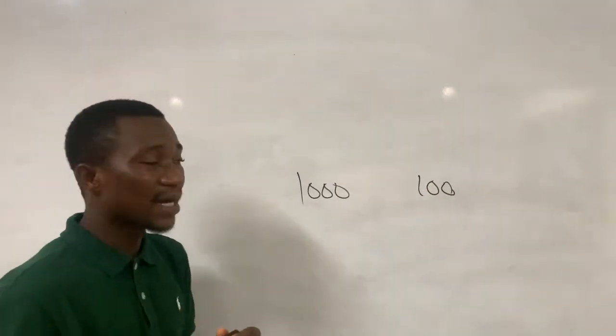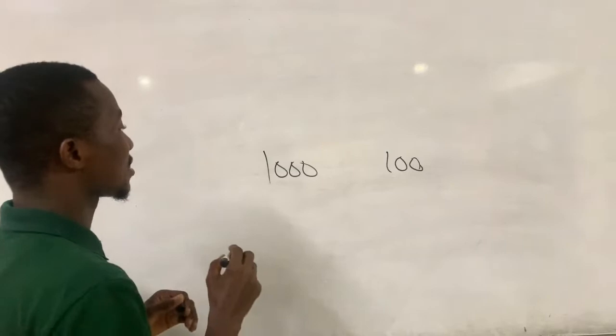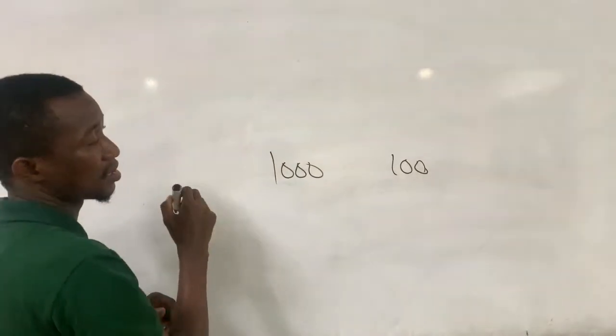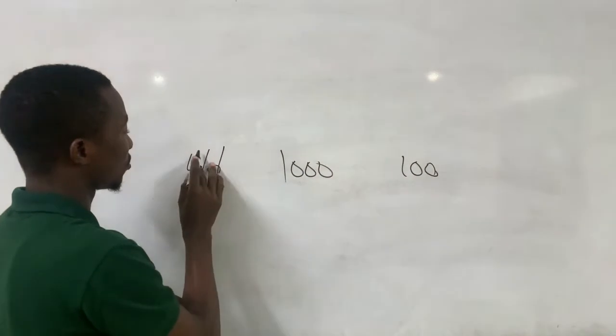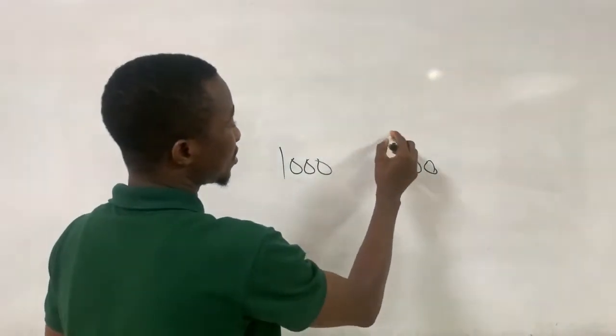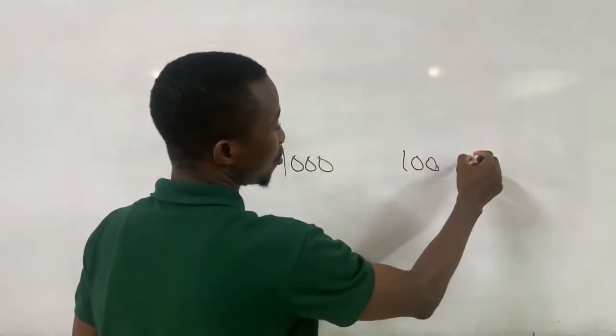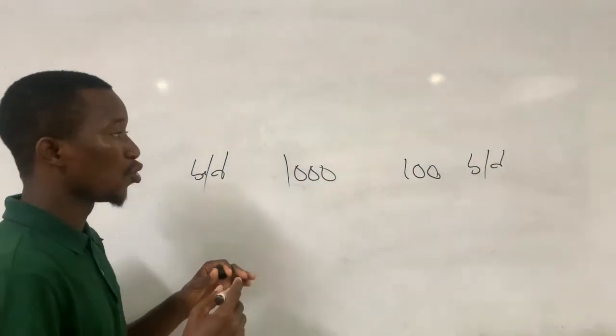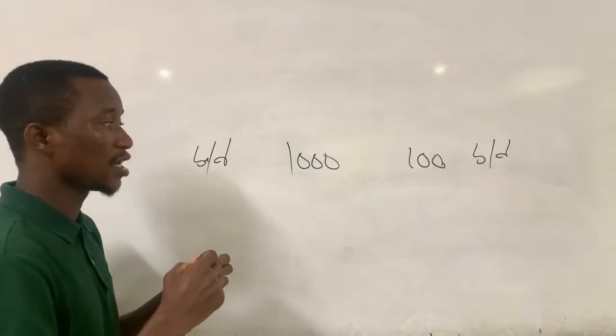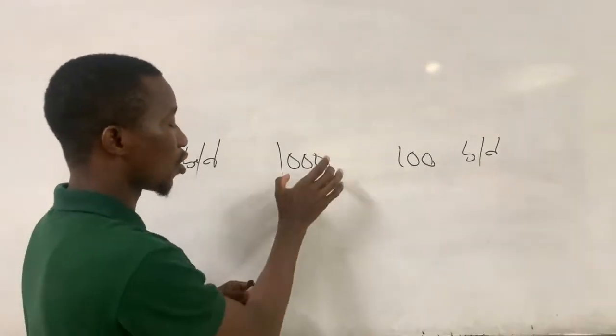But let's assume that the asset has a balance brought down, and accumulated depreciation brought down from previous years. If we have to calculate depreciation for this year, we are not going to calculate on the cost.